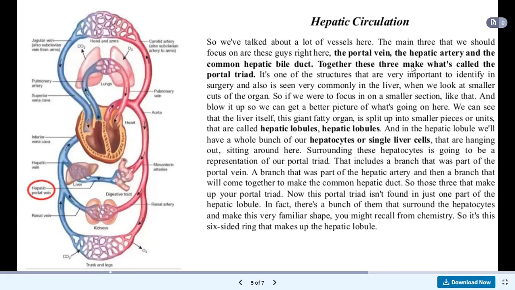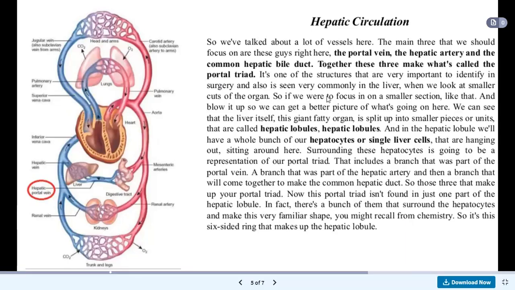Together, these 3 make what is called the portal triad. It is one of the structures that are very important to identify in surgery, and is also seen very commonly in the liver. When we cut a smaller part of the liver, you will find the portal triad.